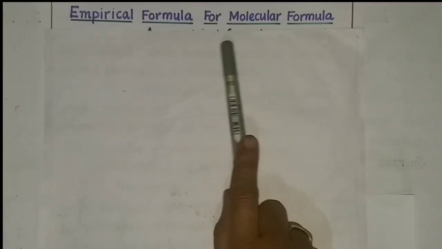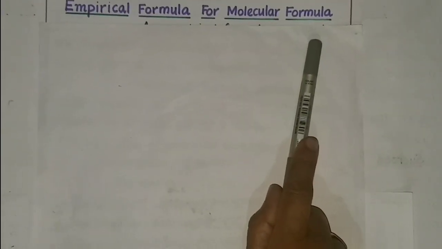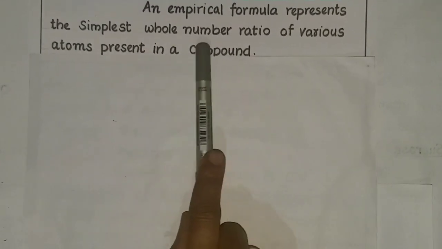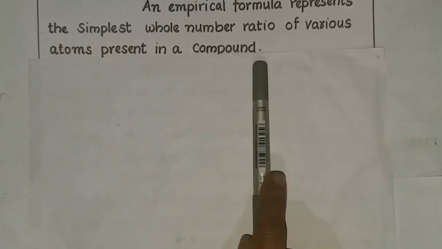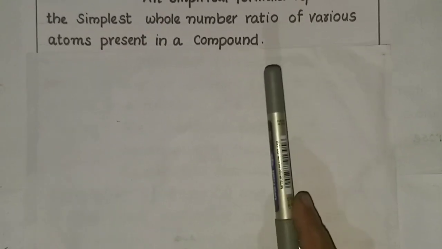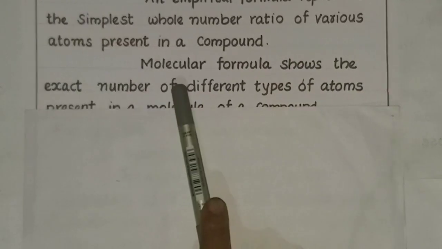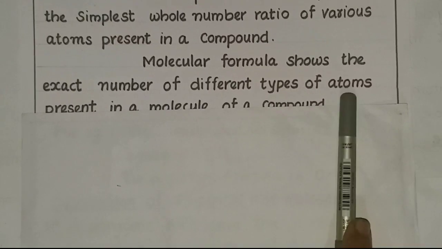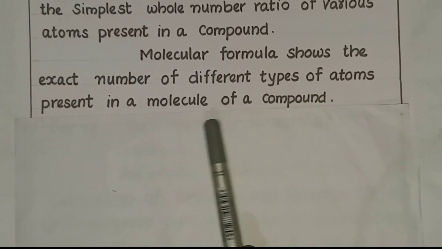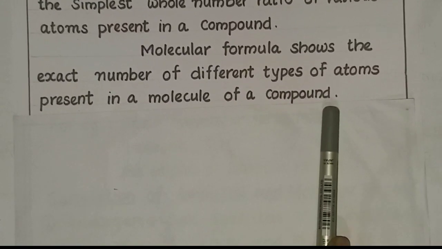Next, our topic is empirical formula and molecular formula. First, we will discuss empirical formula. An empirical formula represents the simplest whole number ratio of various atoms present in a compound. But in the case of a molecular formula, it gives the exact number of different types of atoms present in a molecule of a compound.